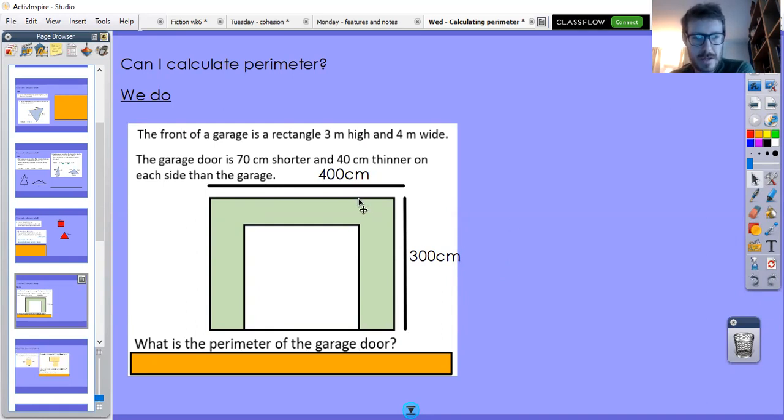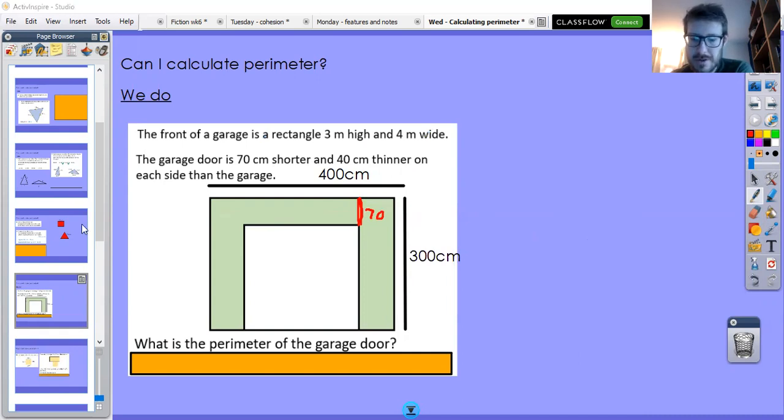Okay, let's have a look. So we've got 70 centimeters shorter. So that must be this length here. So between here and here is 70 centimeters shorter. So this bit here is 70 centimeters. So what I need to do is take that away from the 300 centimeters.